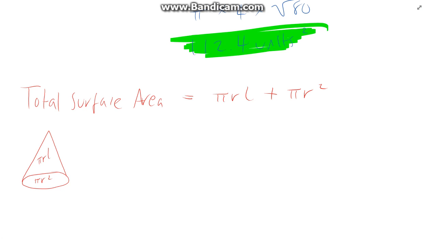So in order to do so, it's going to be pi times 4 times root 80 plus pi times 4 squared.